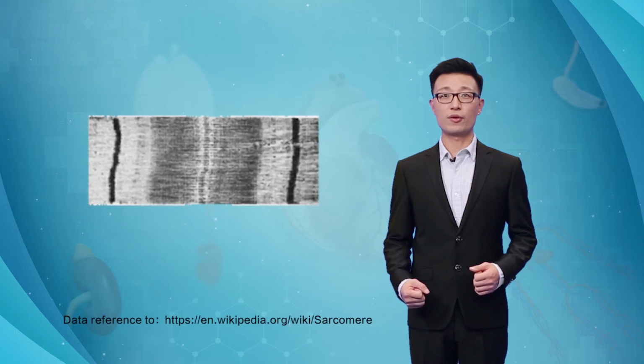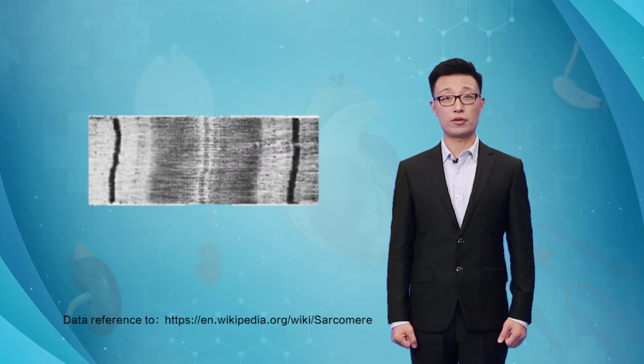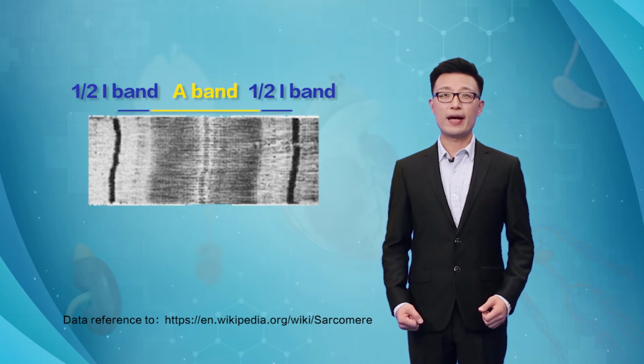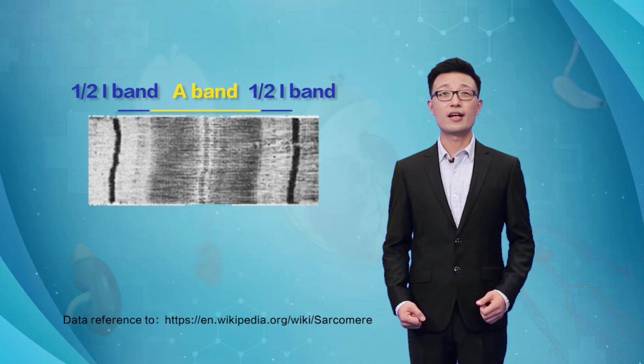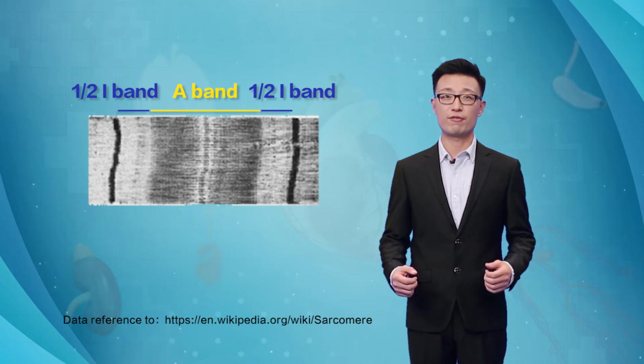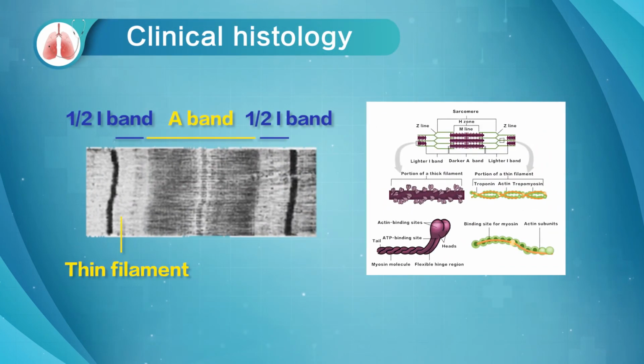If we continue to zoom in on a single sarcomere using electron microscopy, we will realize that the I and A banding pattern in sarcomeres is due mainly to the regular arrangement of thin and thick filaments. As shown in the micrograph, thin filaments are apparent in the light or I band as parallelly arranged electron-dense threads.